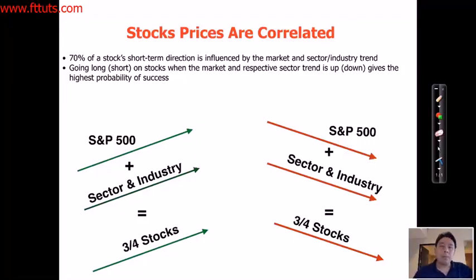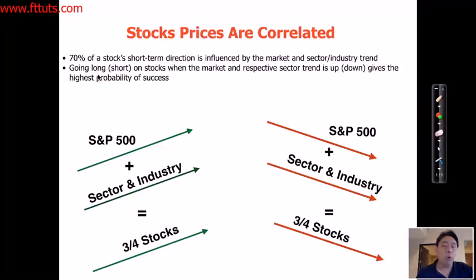Because one of the things you've got to understand is that increasingly stocks are getting more and more correlated. In other words, stocks tend to move together more often than not, right? In fact, 70% of a stock's short-term direction is influenced not by the company itself, but by the overall market trend and the sector or industry trend that the company is in.